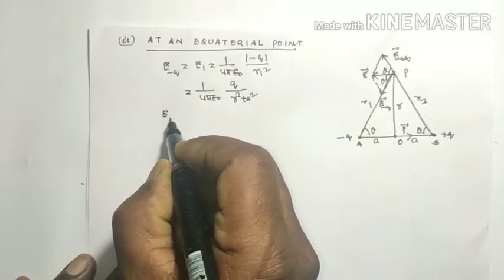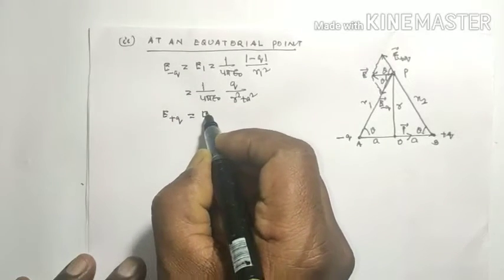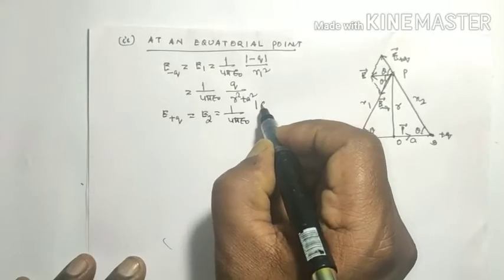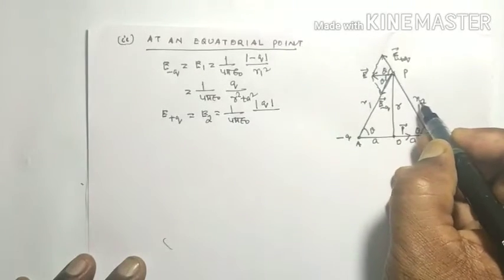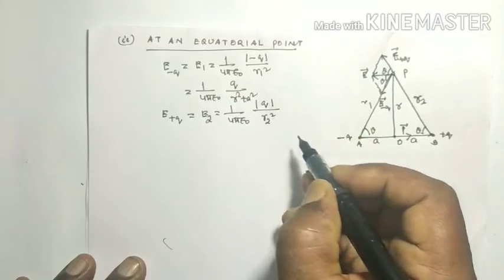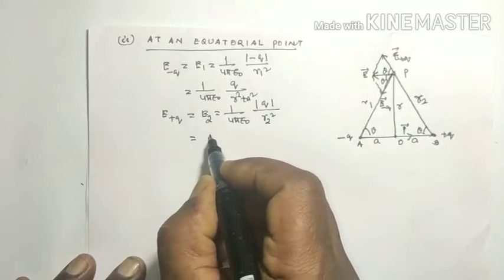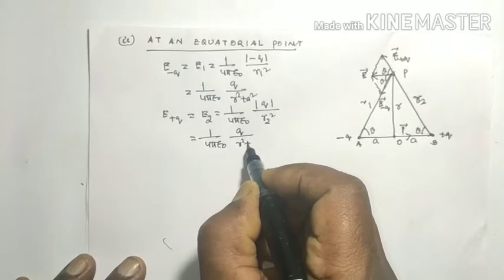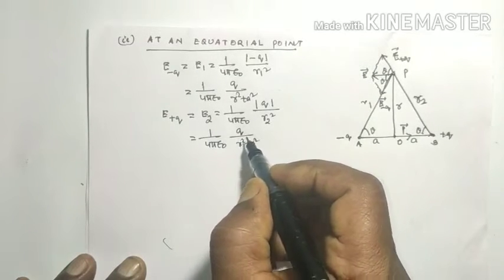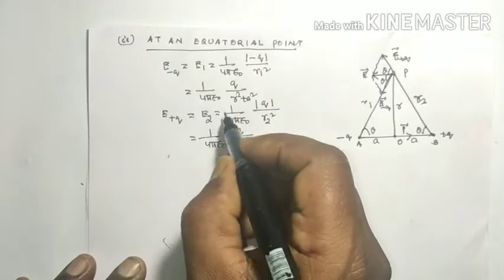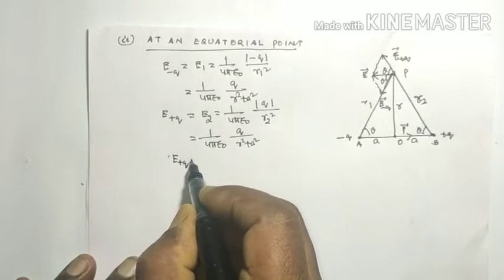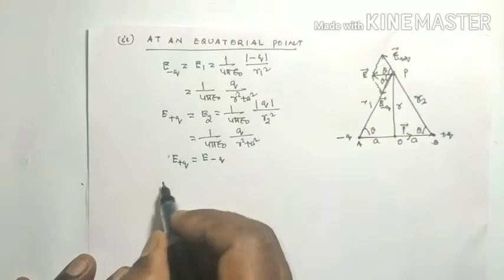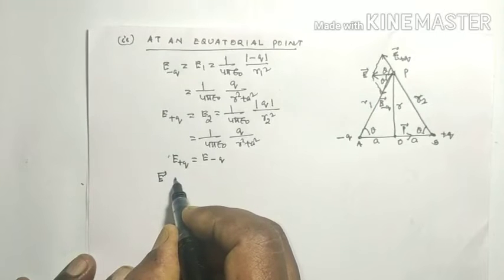Then electric field due to positive charge is E2 equal to 1 by 4 pi epsilon 0 mod of Q divided by r2 square, which is equal to 1 by 4 pi epsilon 0 Q by r square plus a square. Now the magnitudes of these two fields are equal: E plus Q equal to E minus Q.